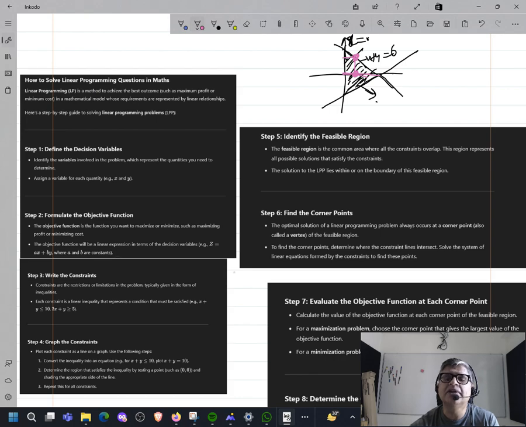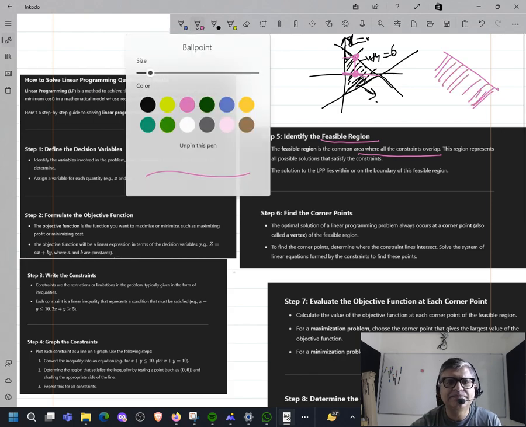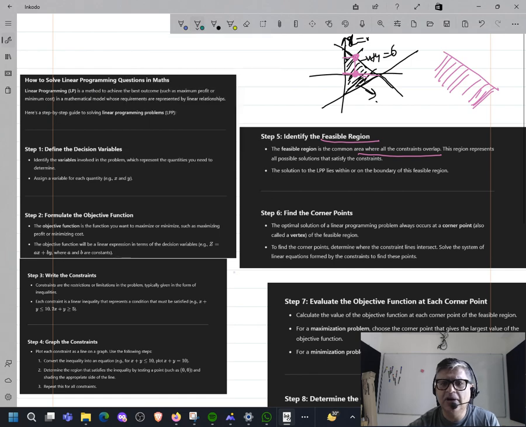Where do we look after drawing the constraint equations? There is something called the feasible region, which is the common area where all the constraints overlap. So I draw a line, I draw a shaded area like this, and then I draw another line, like this. I have a y-axis.